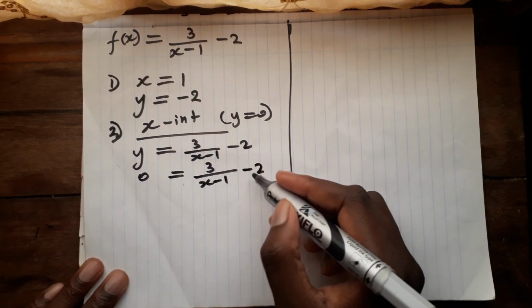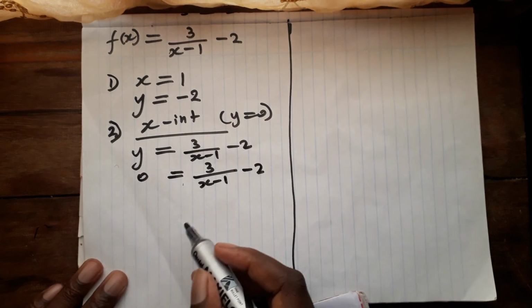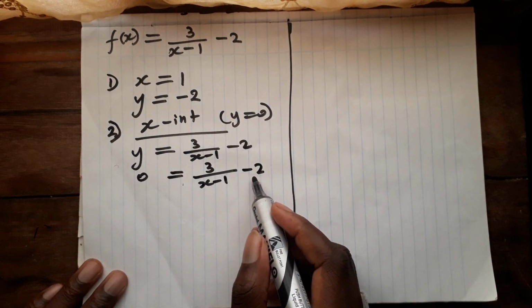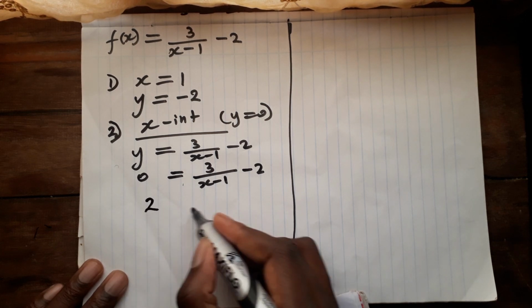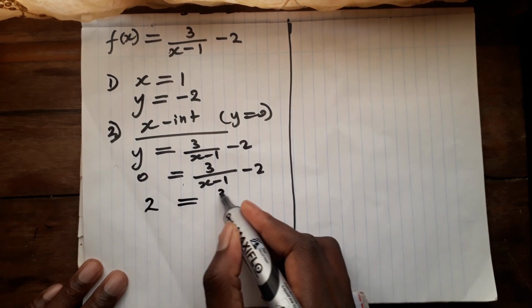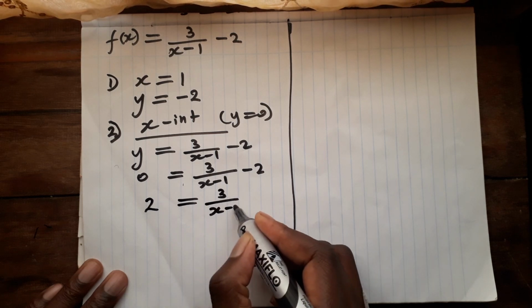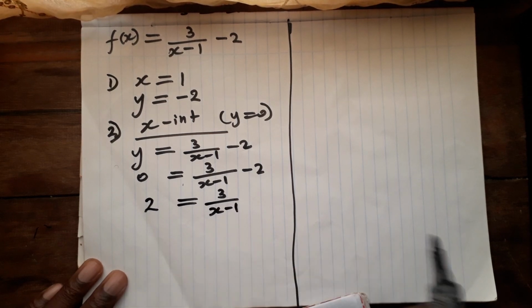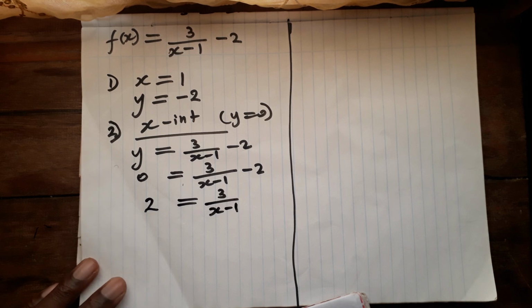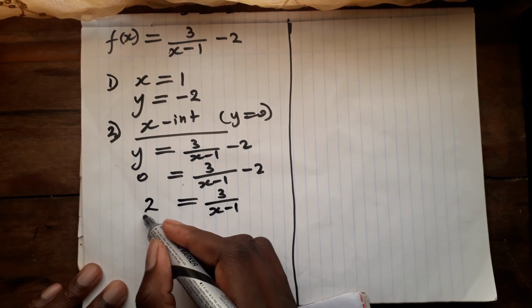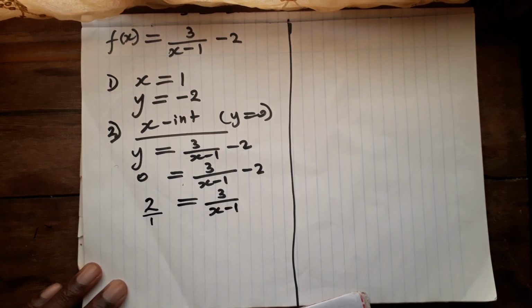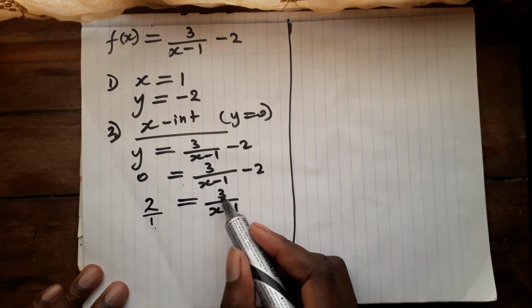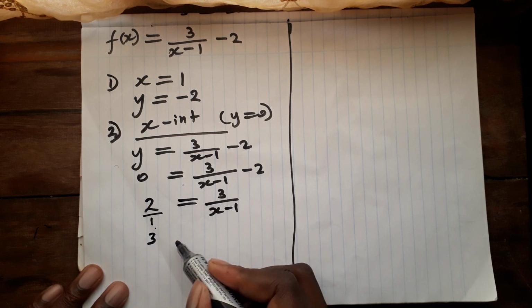Then you take 2 to the other side, which is negative here. When it jumps the equal sign, it's going to change its sign and become positive 2 equals 3 divided by x minus 1. And then you cross multiply. Just introduce 1 here as your denominator, and then cross multiply. This times this gives you 3.